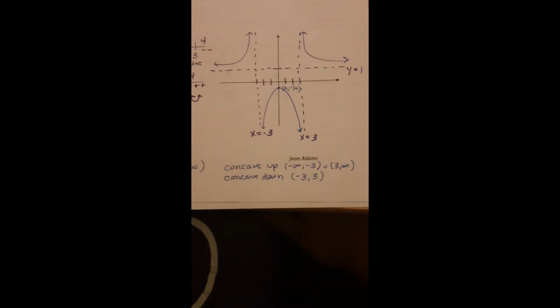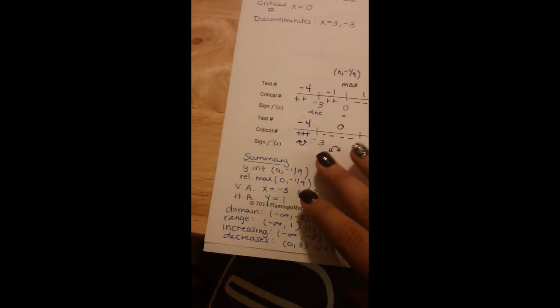Meaning, if you can give me the summary, which I just kind of bulleted down here, in complete sentences for this function, I will replace one of your homework assignments with a free 100. So the challenge is on.